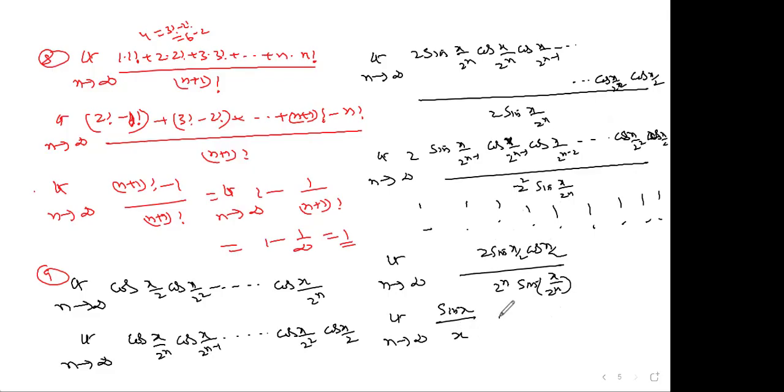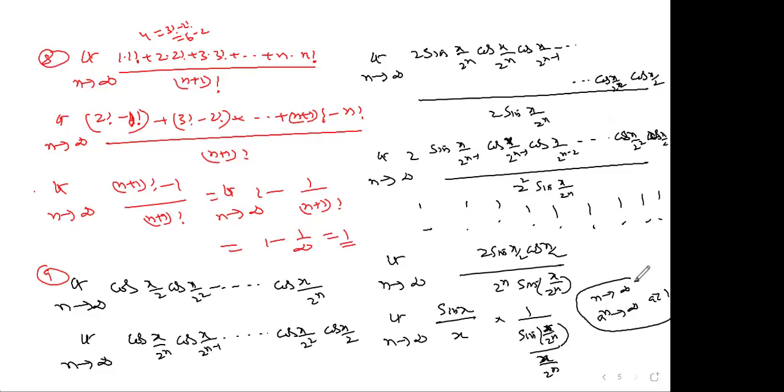If I multiply by x here, I have to divide by x also. So I'm writing it in a proper way: x, and this is n, divided by x by 2 to the power of n, as n tends to infinity. You know very well, a to the power of n tends to infinity if a is greater than 1.